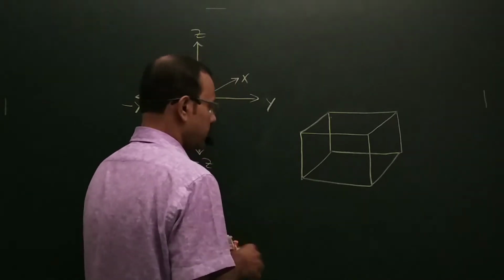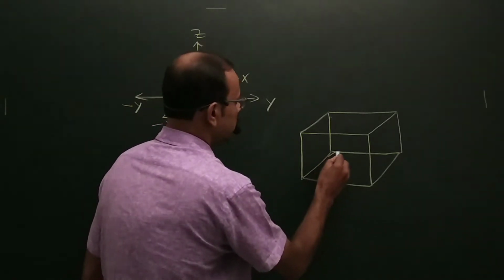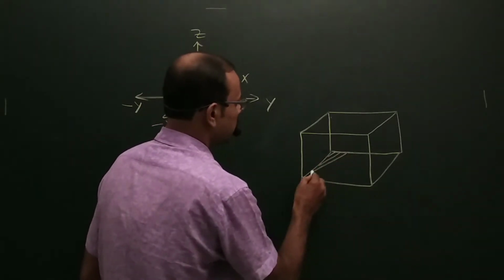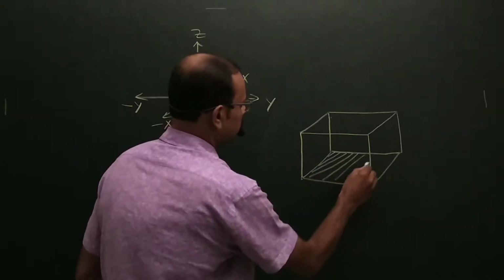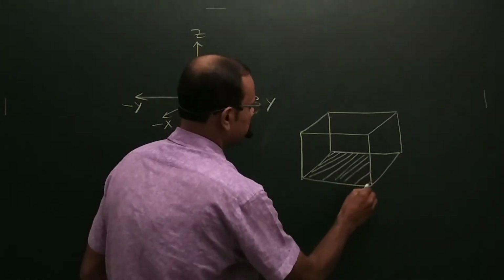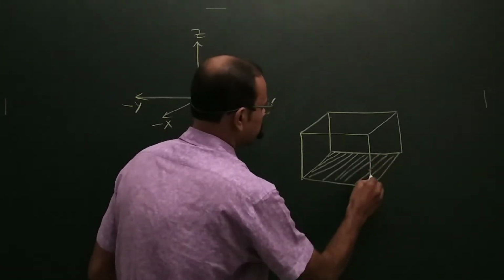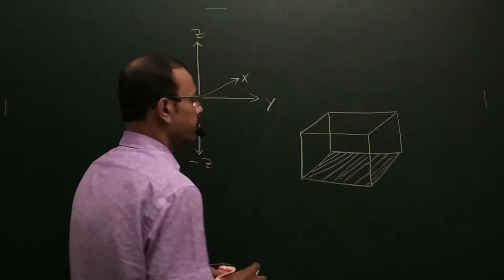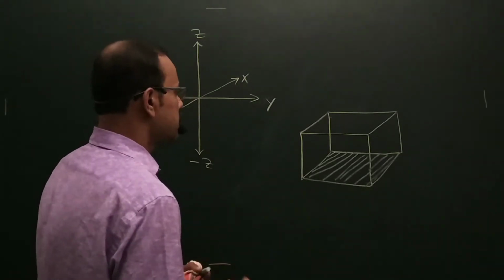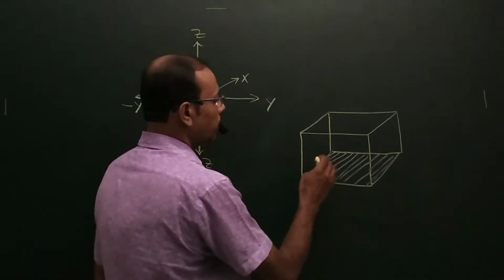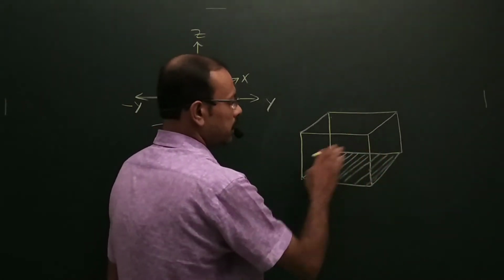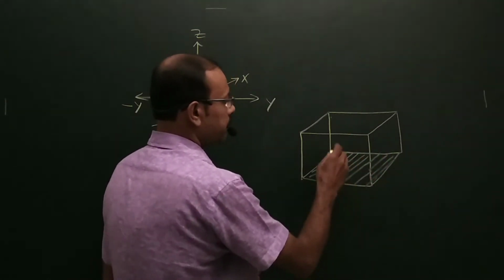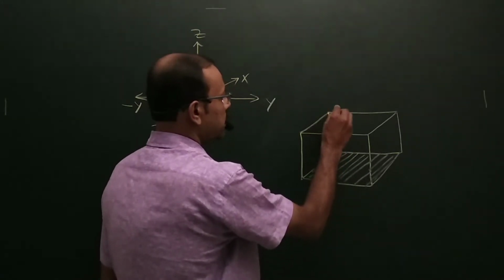I would like to find out the Miller indices of this plane, the downward plane. Since I cannot take the origin on any point in this plane, therefore I am taking the origin in this direction.